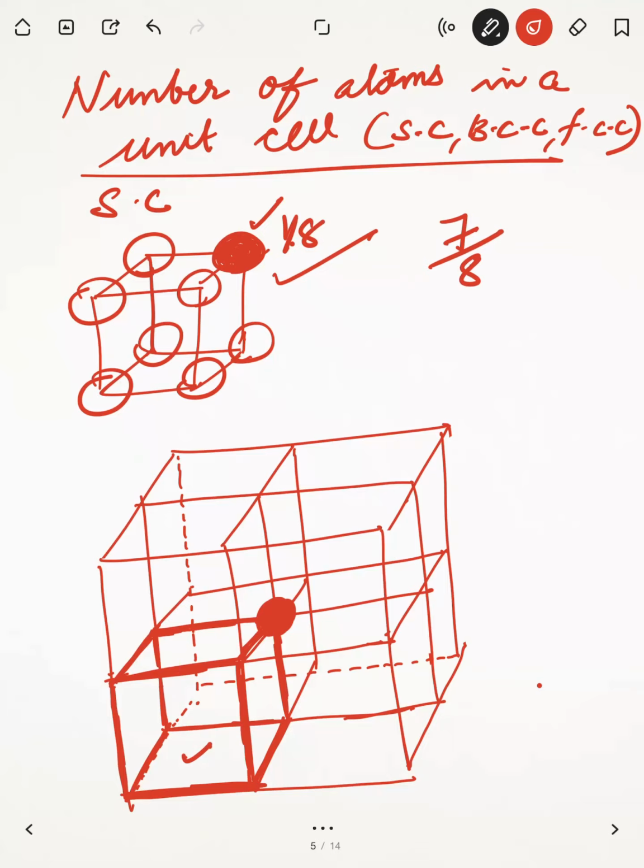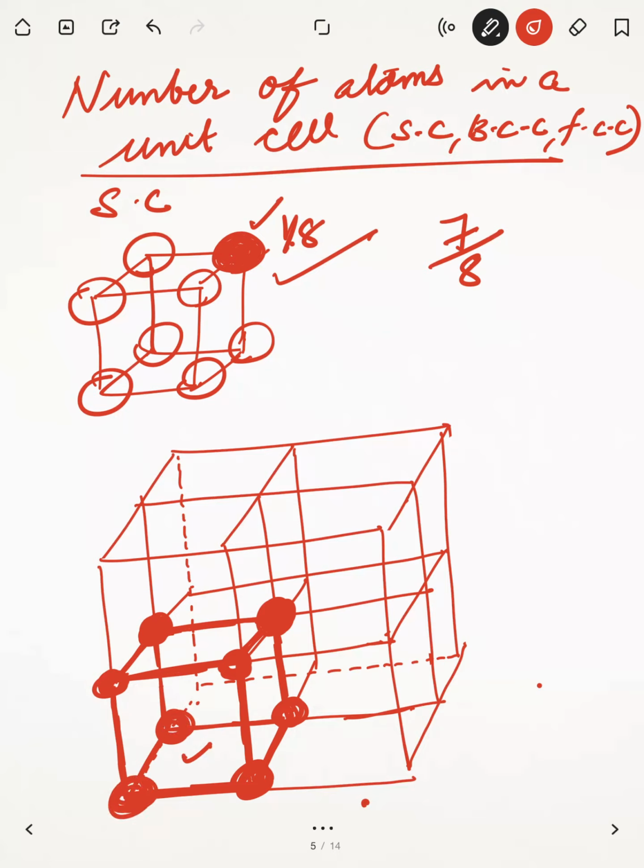So what is the contribution of a corner atom to this particular unit cell? That is only 1/8. Similarly from here 1/8, from here 1/8, this corner 1/8.